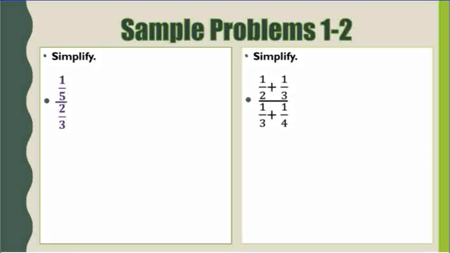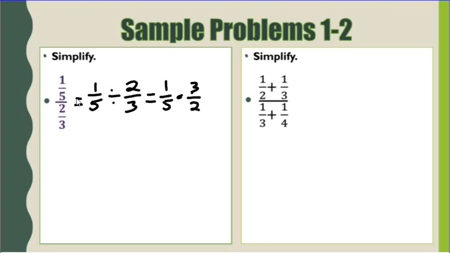Example problem 1, 1/5 divided by 2/3. Since we are dividing by a fraction, remember, dividing by a fraction means the same thing as multiplying by the reciprocal. So I could rewrite this as 1/5 times 3/2, because that's really what I'm doing.